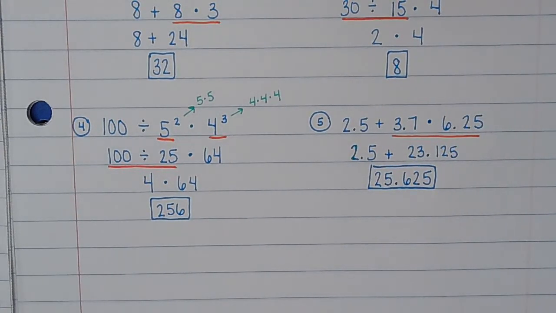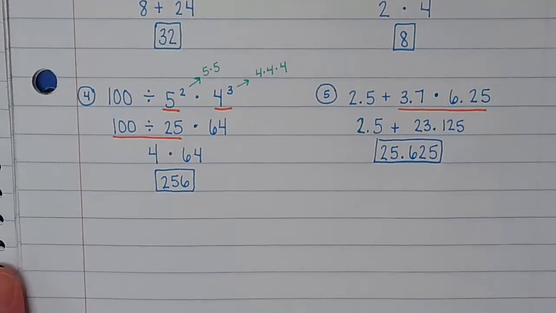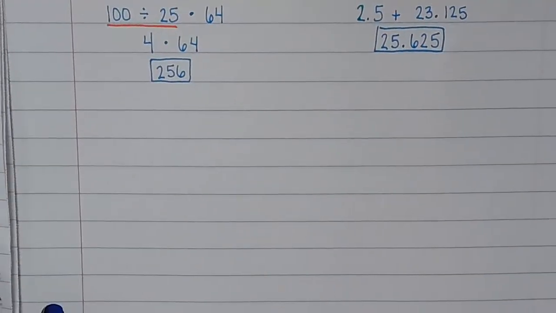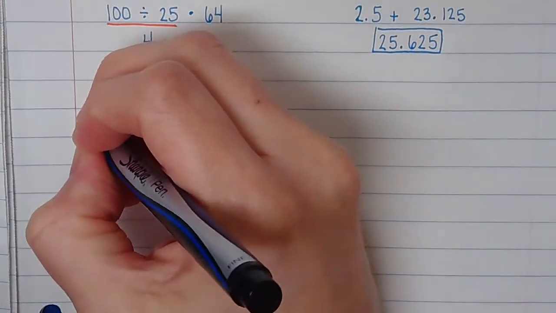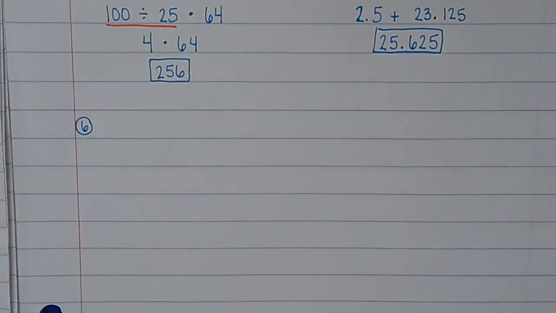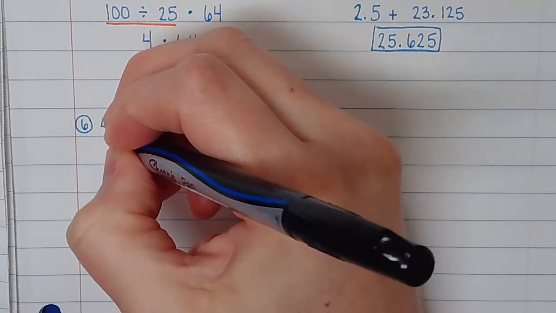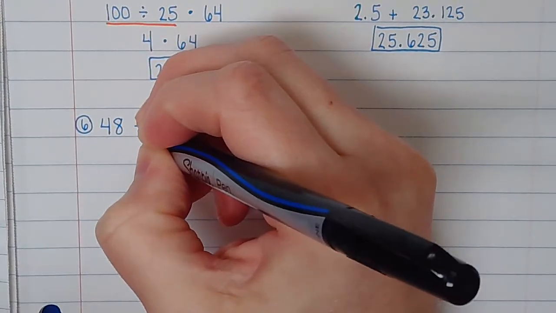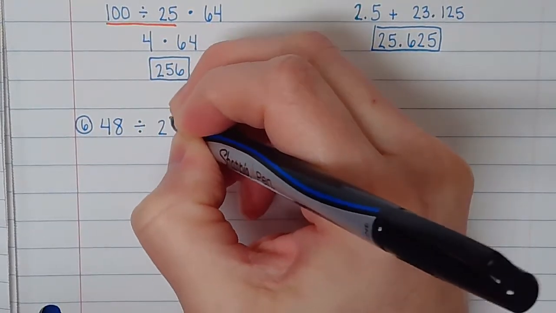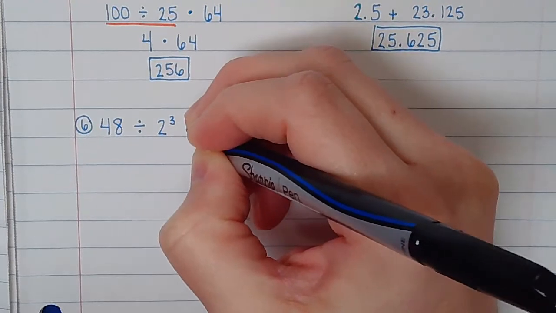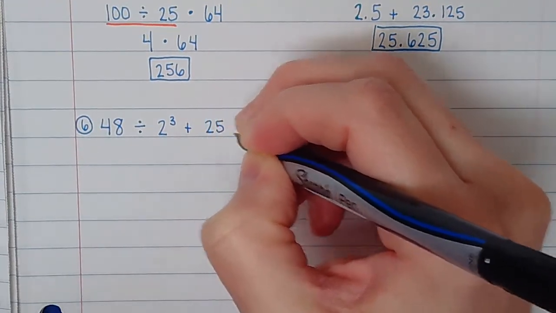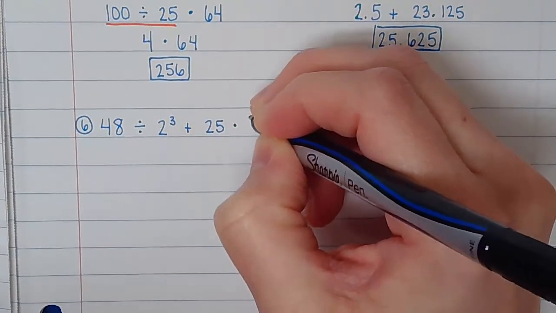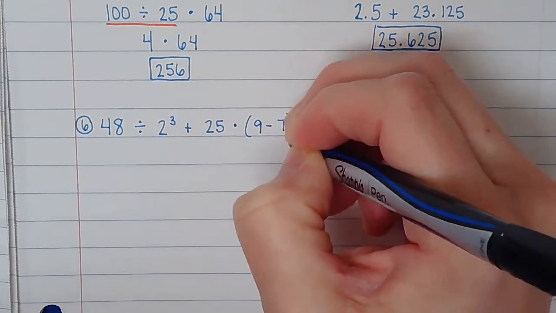All right, let's do one more. Let's do this one. 48 divided by 2 to the third power plus 25 times 9 minus 7.